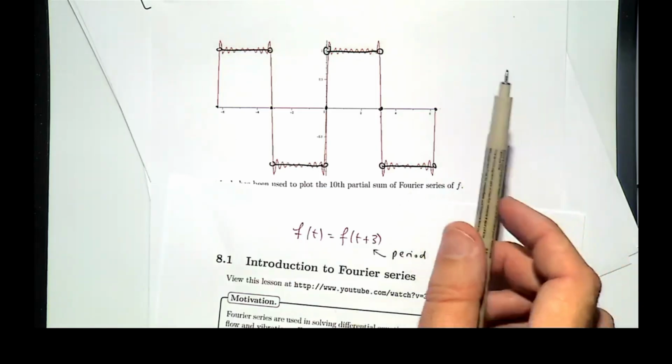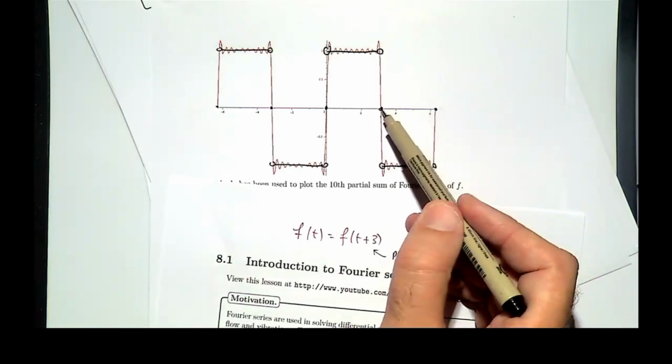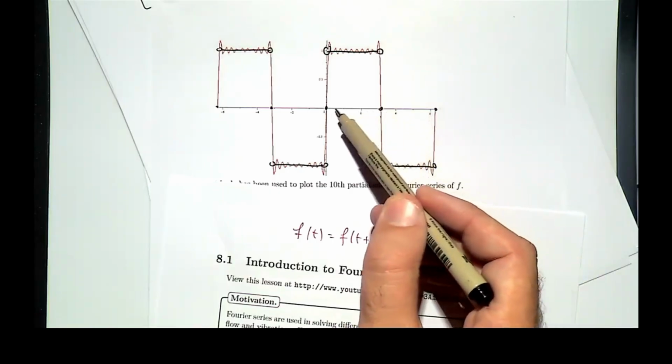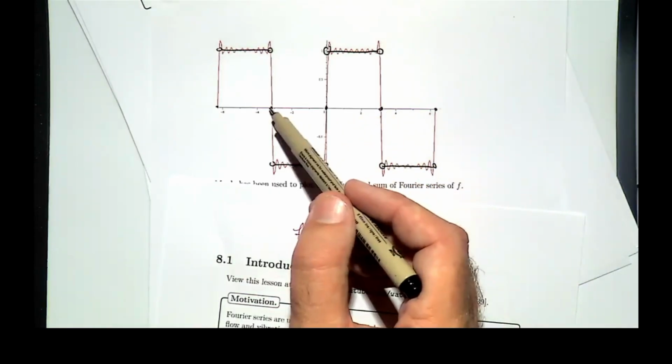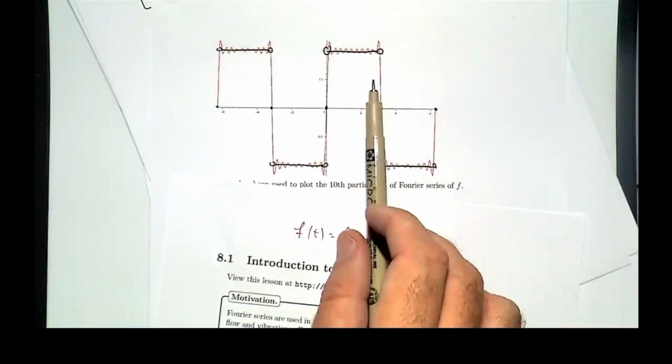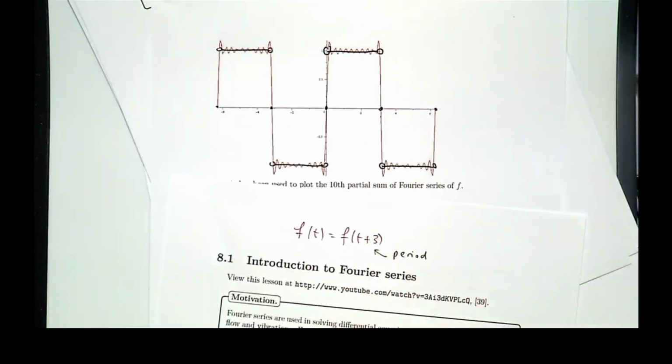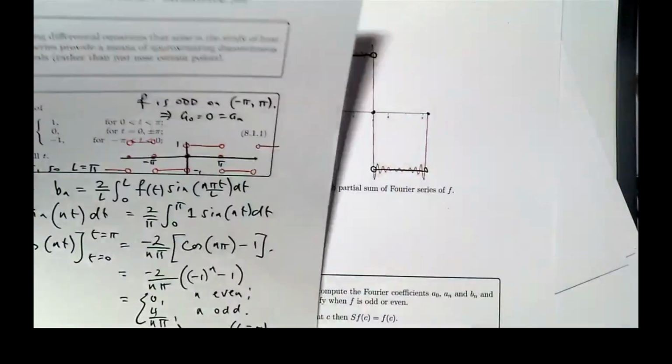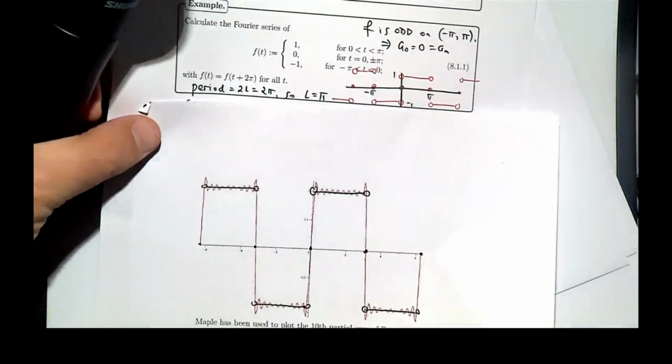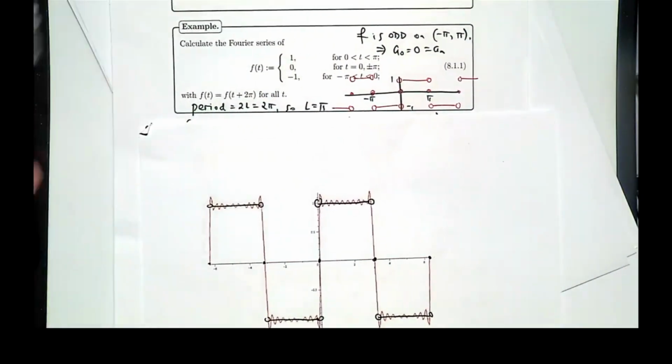What else do you notice? Here, the red curve and the value of our original function are exactly the same. Okay? So, let me just put that back up. Let's see if I can do this. Yep.